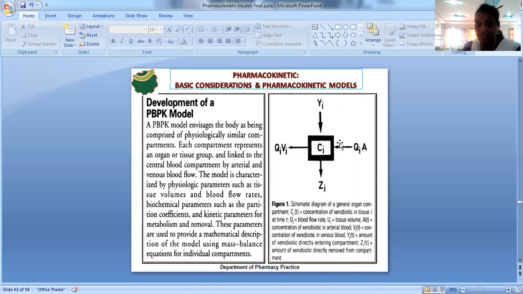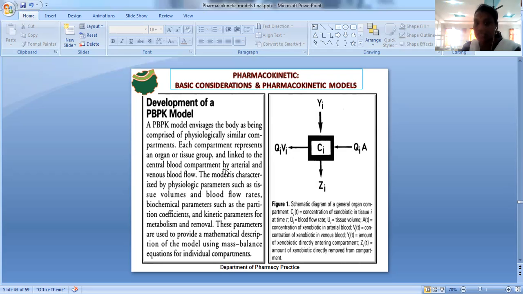This is the central compartment, which has a large blood flow and perfusion rate. Each tissue is taken as one having a high perfusion rate or high blood flow at the central blood compartment.